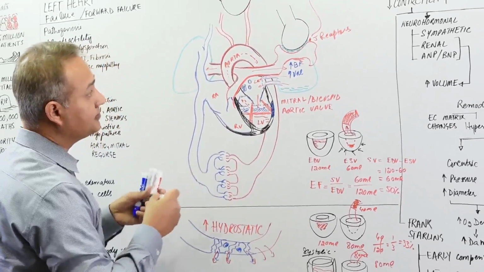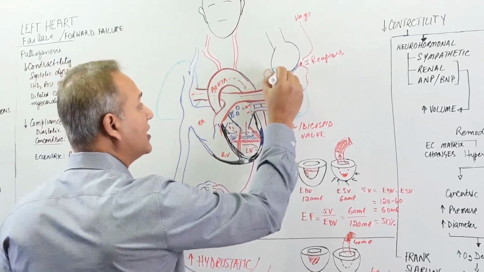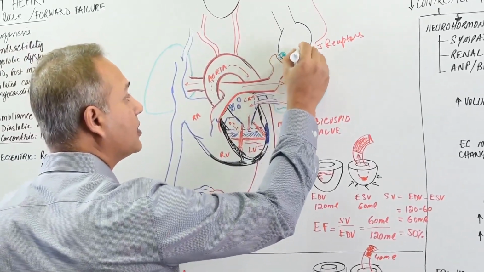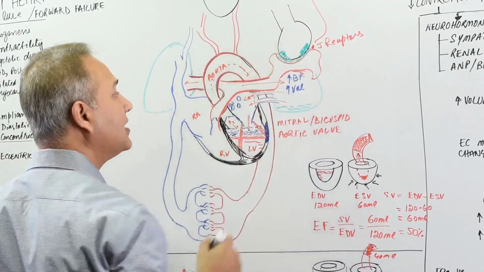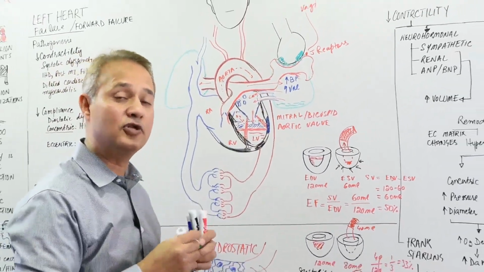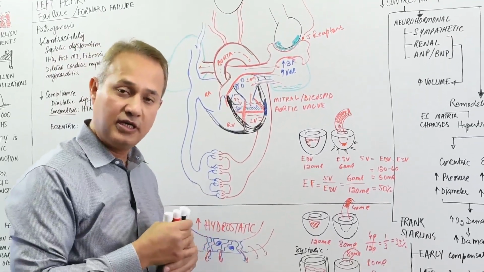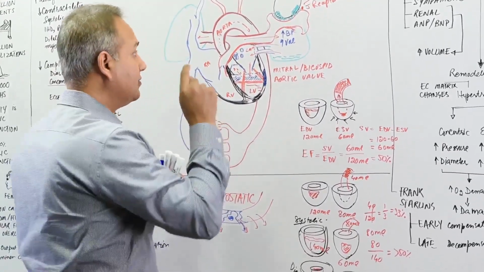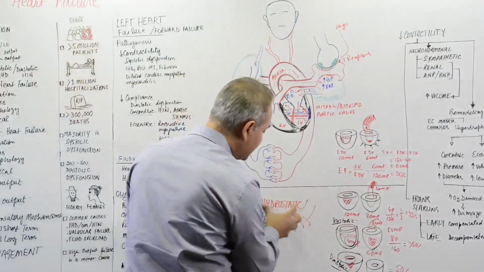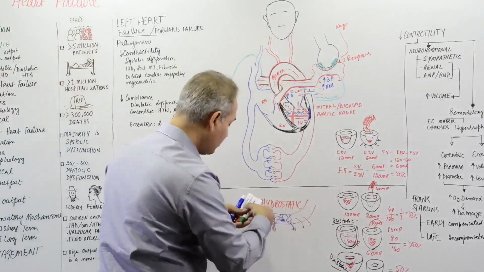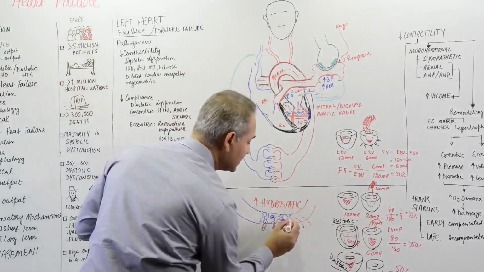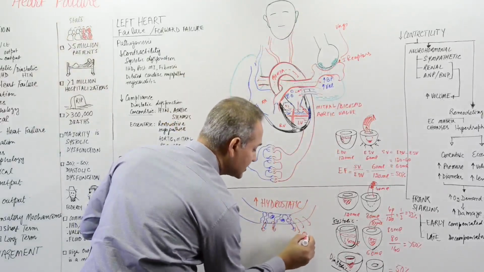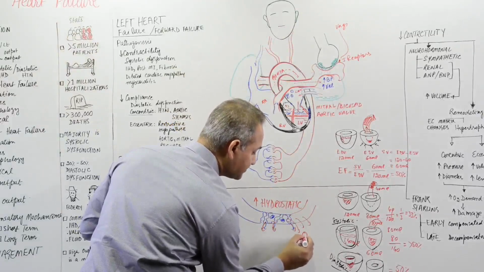Then what would happen? Fluid would enter the alveoli. Then when the fluid enters the alveoli and alveolar edema develops, the patient would start coughing, and because of this extra pressure here in the vessels, even erythrocytes will come out. Erythrocytes come out for two reasons.